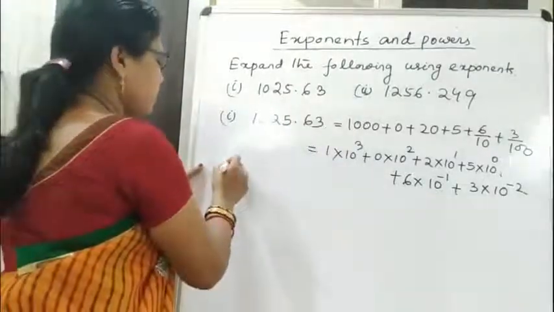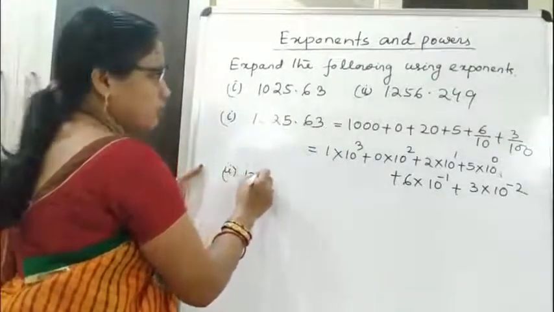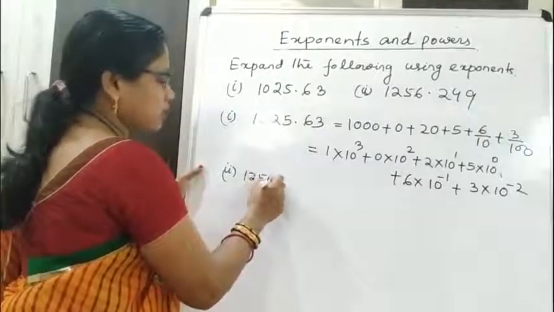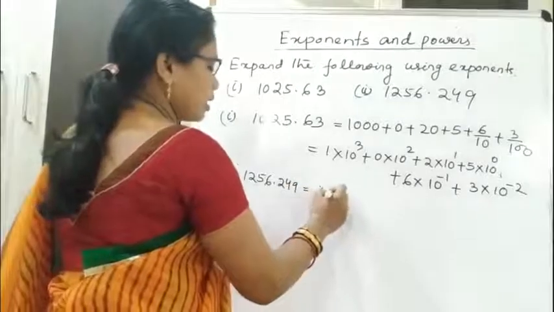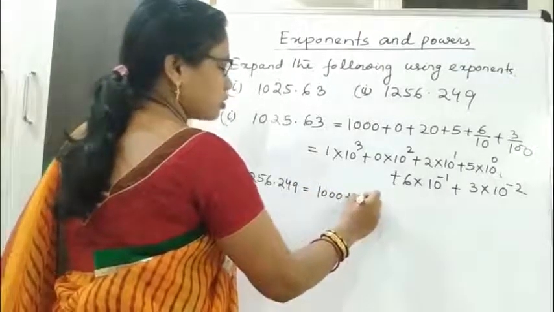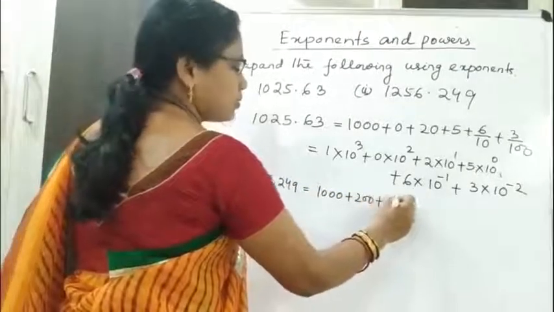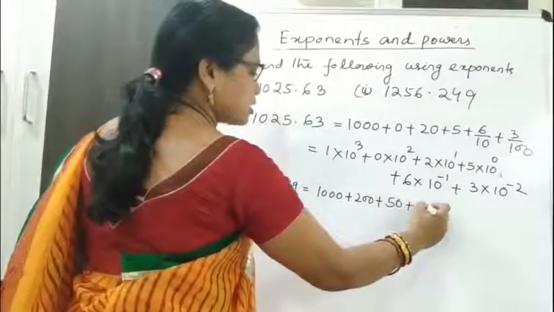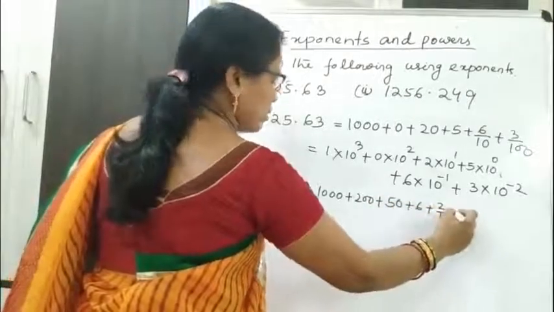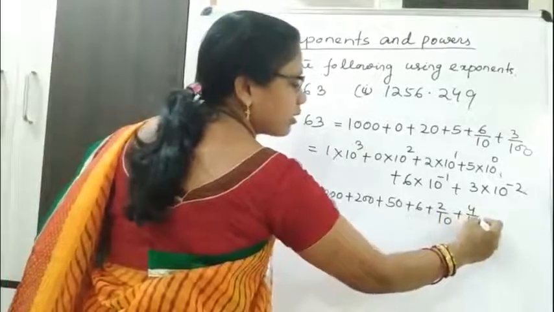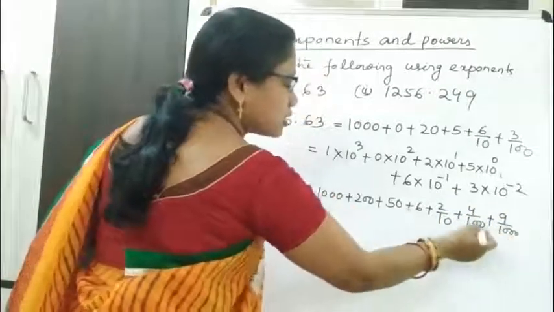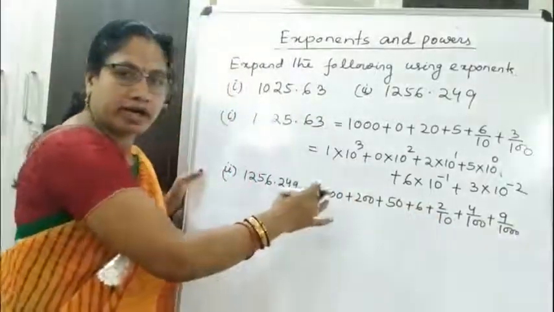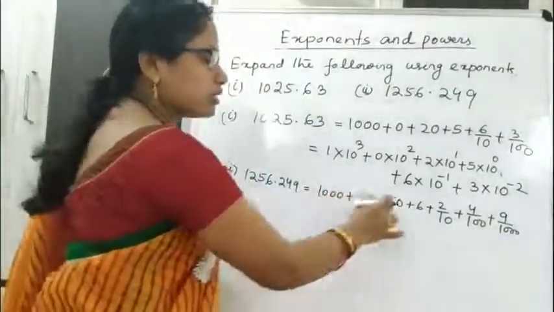Then the second one, 1256.249. So this is equal to 1000 plus 200 plus 50 plus 6 plus 2 by 10 plus 4 by 100 plus 9 by 1000. So this type of expansion you know in class 6. So you can write this easily.